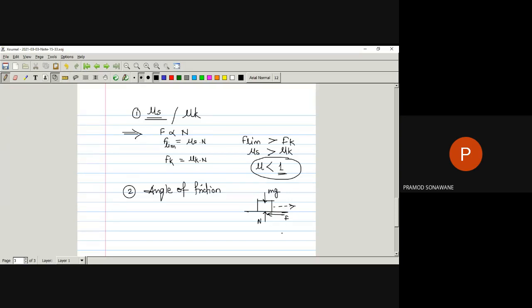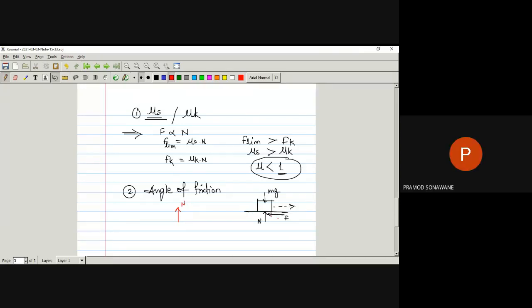So always remember that if I draw this N and F, can you tell me in which direction N is moving? Upwards. Positive Y.